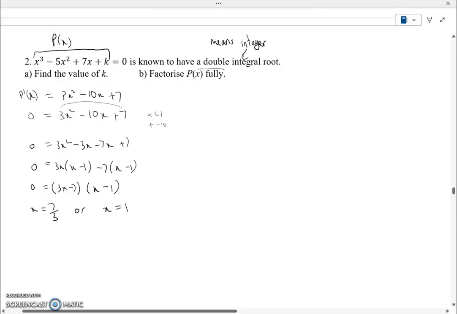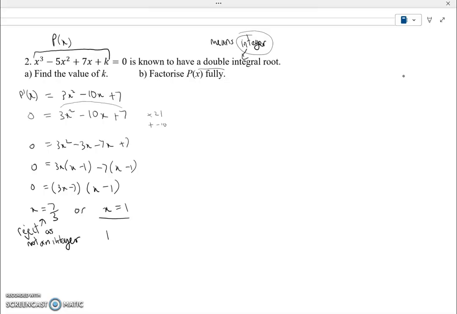Now we know it's a double root, and we know it must be an integer, so we need to reject this guy as not an integer. So that means it has to be x equals 1, but we're still going to test. Because the double integer root, if it's at x equal a, it means that p of a equals 0 and p dash of a equals 0.